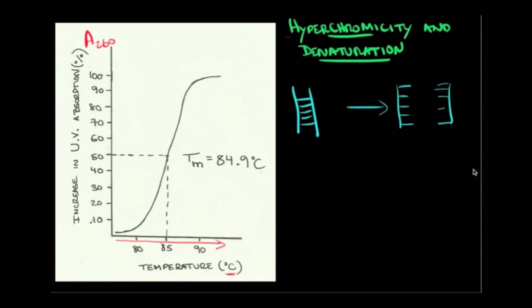As I also mentioned previously, double-stranded DNA molecules absorb less light than single-stranded DNA molecules. So knowing that, if you look at this graph, as you increase the temperature, you are denaturing the double-stranded DNA molecule.